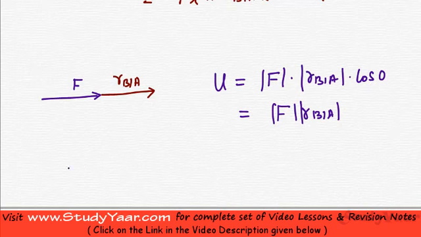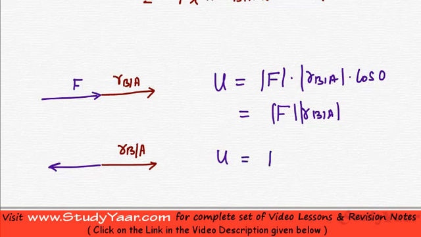If however your force is like this and your displacement vector is like this, then this angle is 180 degrees, right? Therefore, in this case, my work done is going to be F modulus of RB by A cos 180.